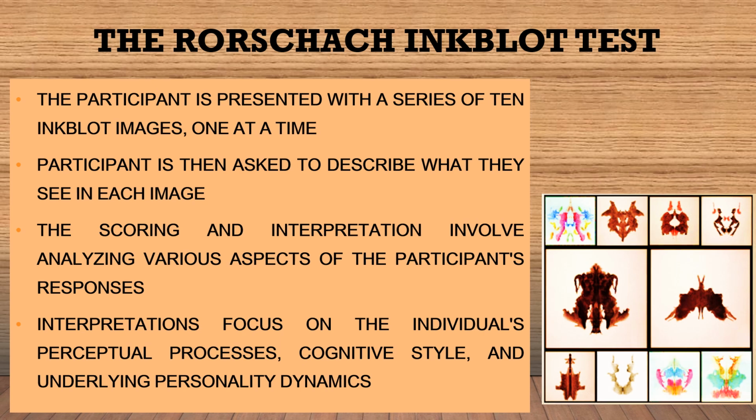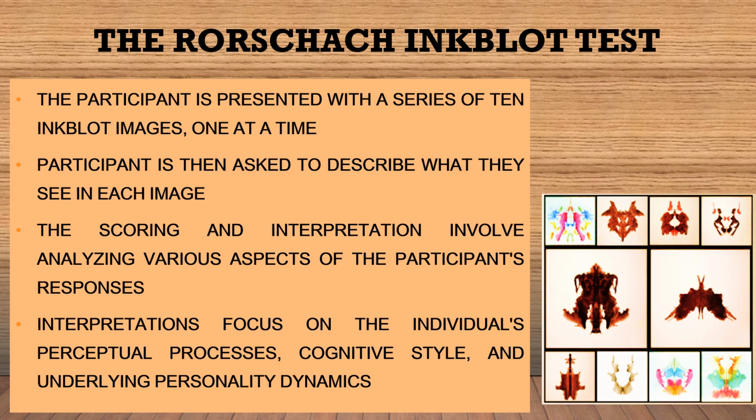The scoring and interpretation of the Rorschach Inkblot test involves analyzing various aspects of the participants' responses, including the content, that is what they see; the location, which part of the inkblot they focus on; and the determinants, what characteristics or factors influence their responses; then popular responses, that is commonly reported perceptions.